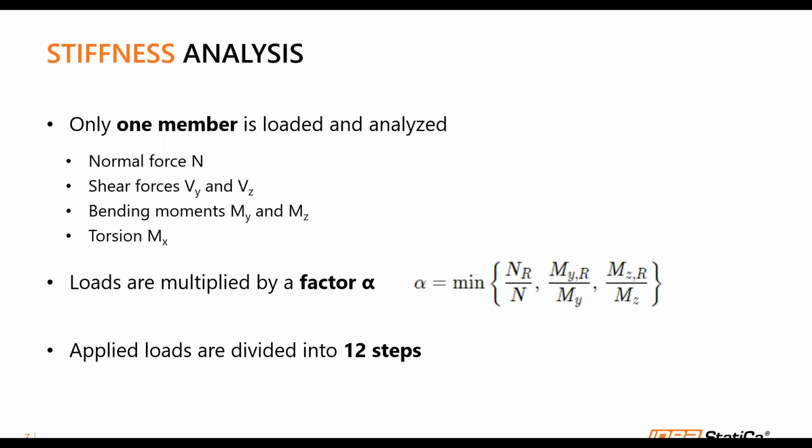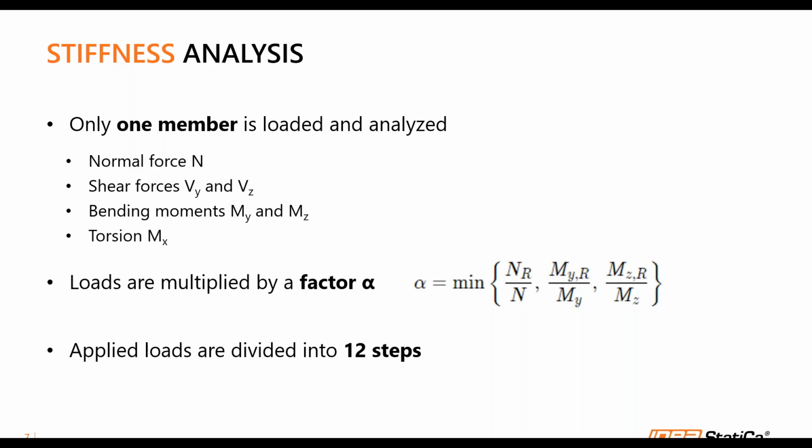The initial load input is then used for the evaluation of the alpha factor. The software automatically calculates the resistance of the connection and also uses the initial input of loads to calculate the alpha factor. Then it uses this alpha factor to multiply the initial load set.